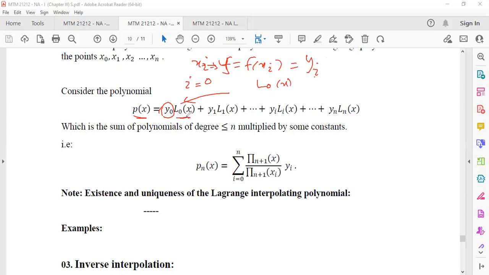You have to put that polynomial here times y0, plus again the next polynomial times y1, the next value of y. Likewise, you have to add all the polynomials times their y values, which is the sum of the polynomials.